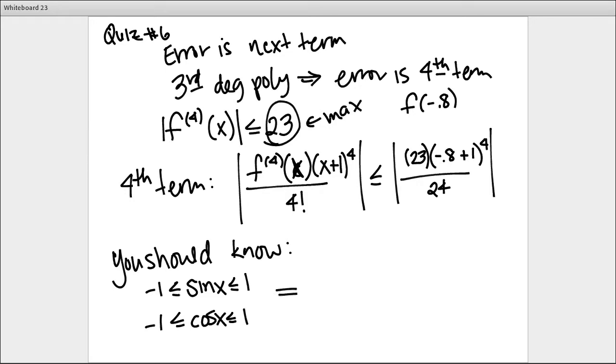What both of those mean is the max of sine or cosine is 1. That's the maximum value there. So keep that in mind. Sine and cosine are bounded there.